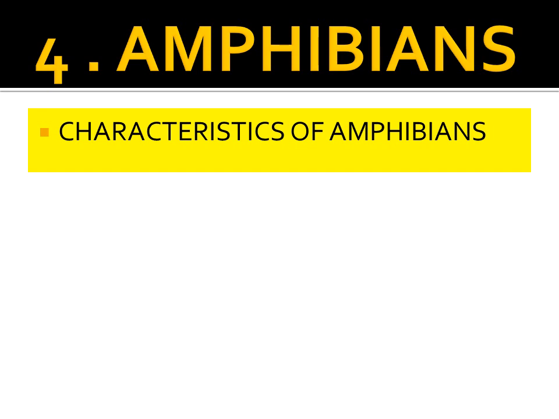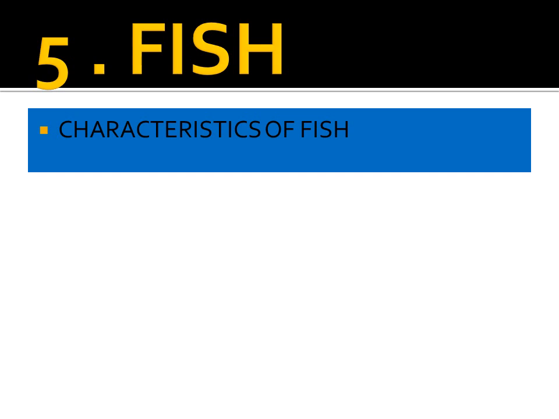Characteristic 5, they have moist skins. Characteristic number 6, they are cold-blooded. Some examples of amphibians are frogs, salamanders, toads, and newts.